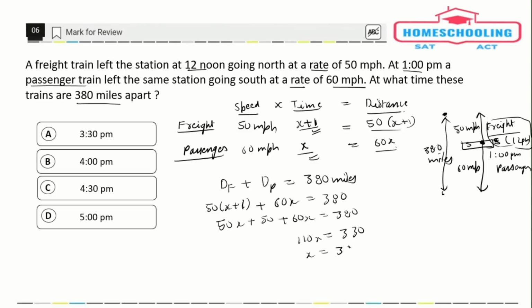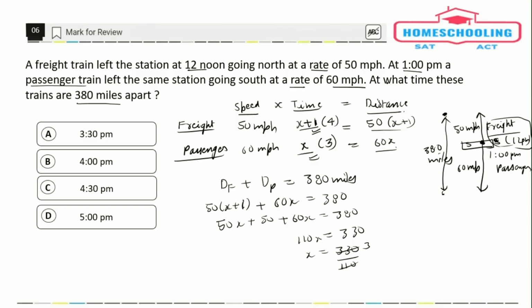So x is 330 by 110, that is 3. So x is 3. The freight train will travel for 3 plus 1, that is 4 hours, and the passenger train will travel for 3 hours.